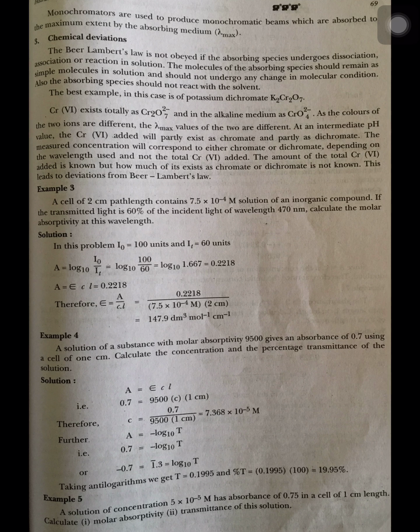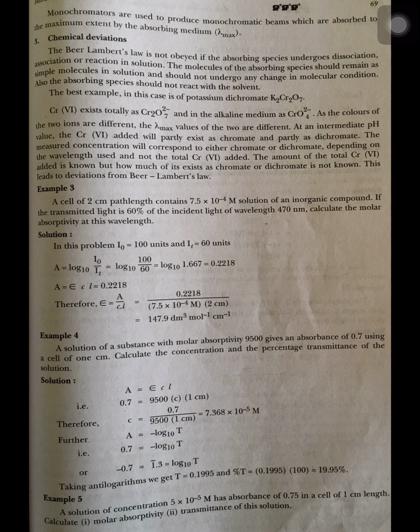Also, the absorbing species should not react with the solvent. Whatever species we are going to analyze should not interact with the solvent. If they interact with the solvent, a reaction will happen and the solution will not obey the Lambert-Beer law. They have given an example here.